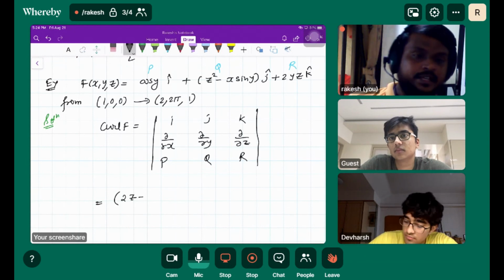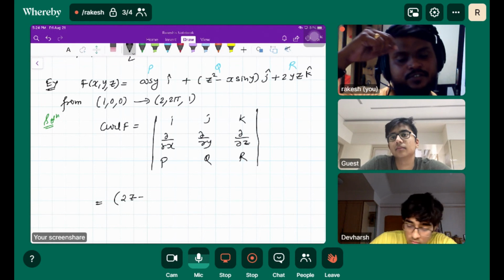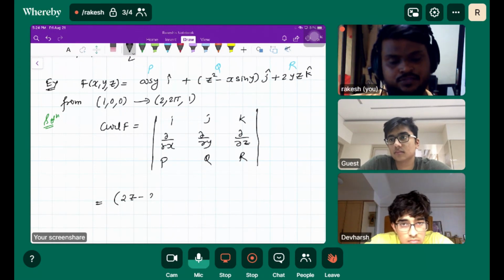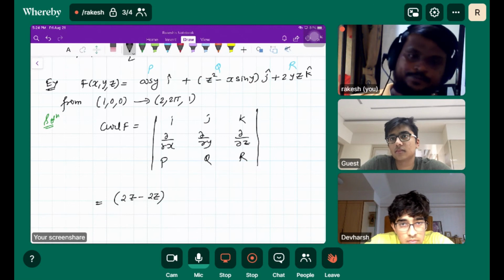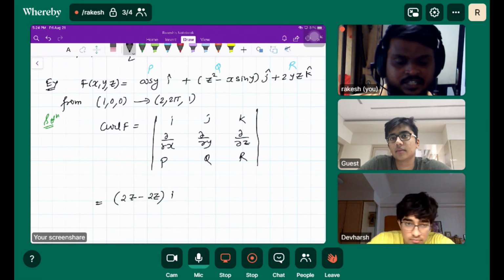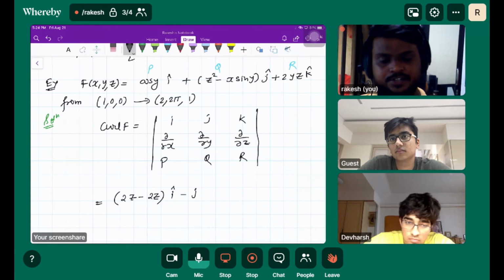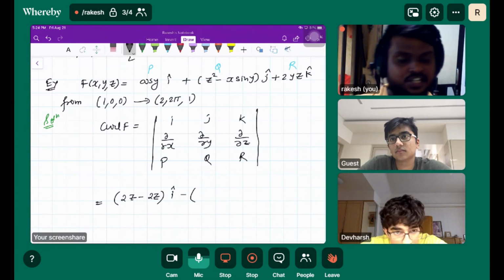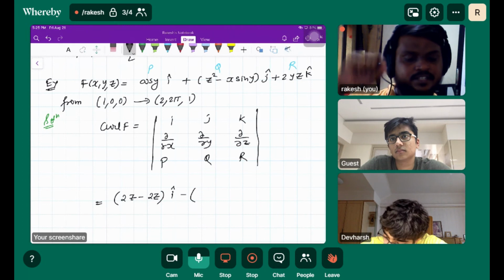Then the partial derivative of q with respect to z, that is again 2z. 2z minus 2z is 0. i cap minus, we'll put j cap later.